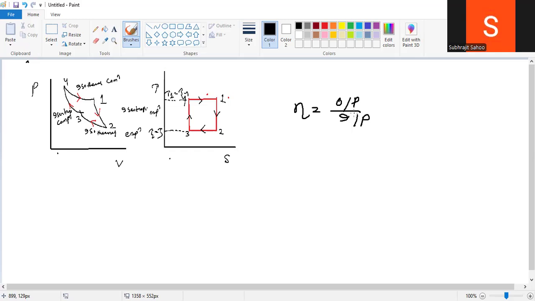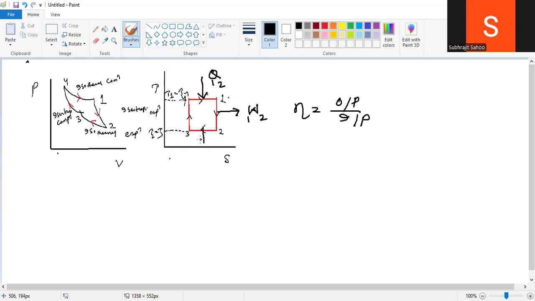So here observe, output by input. Here I will get the work W1 to 2. Here heat will be supplied, 4 to 1, Q1 to 2.